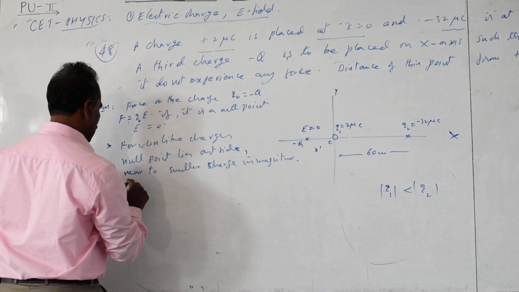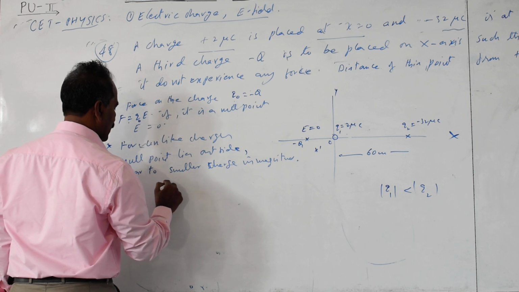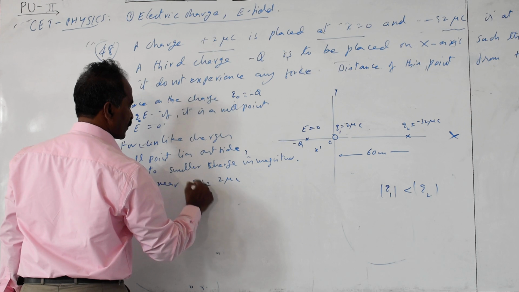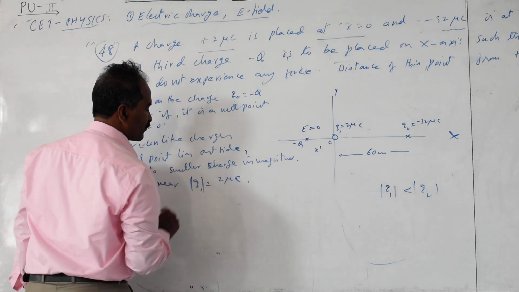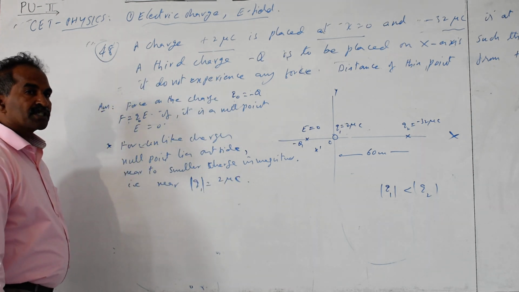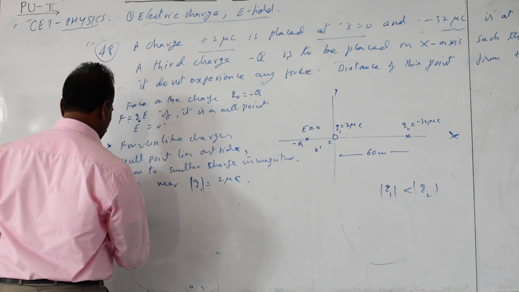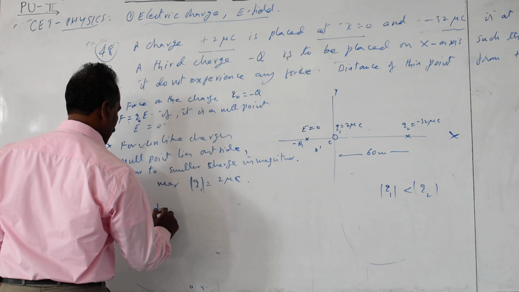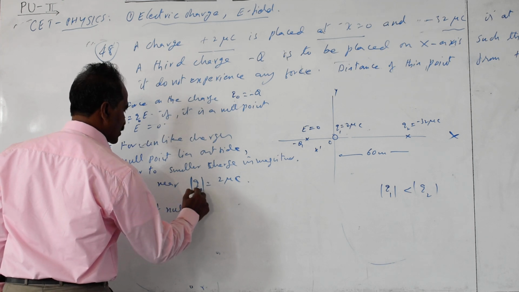That means here, near Q1 equal to 2 microcoulomb by magnitude. Okay, what is the distance of the null point from this smaller charge?